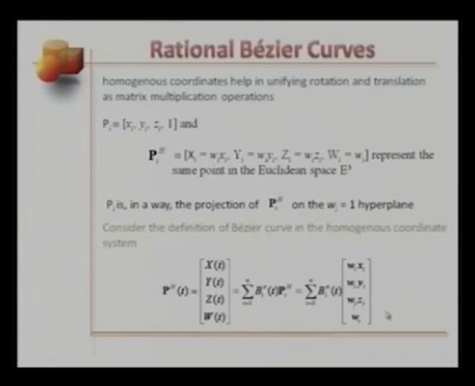From the design perspective, notice what has happened. We have introduced additional design freedom through these weights. One weight per design point that would make it n plus 1 such weights. And we will see later how this design freedom works in our favor.